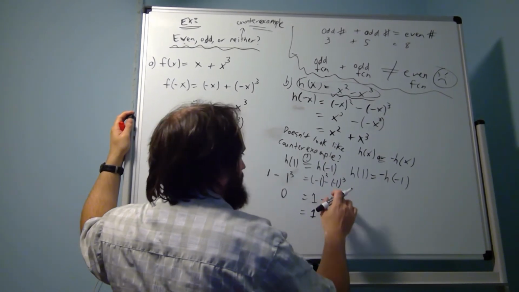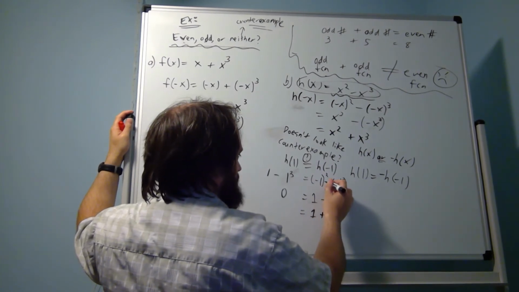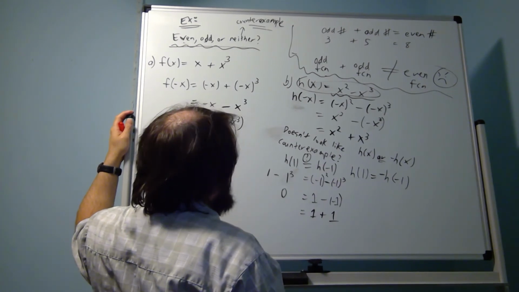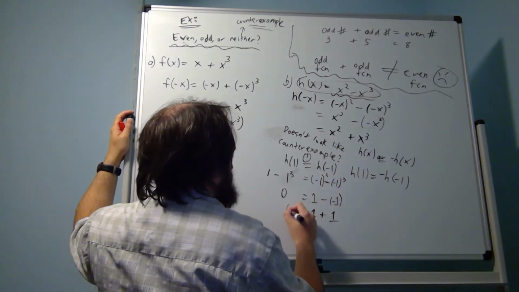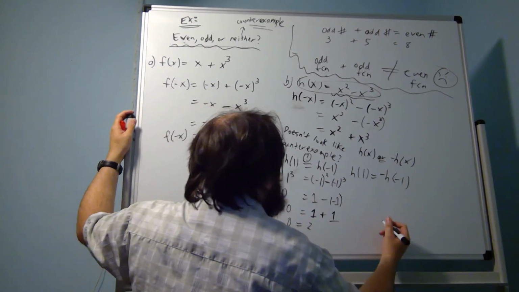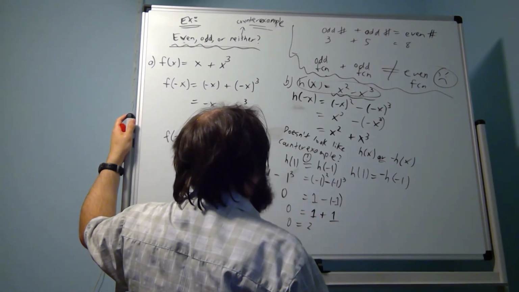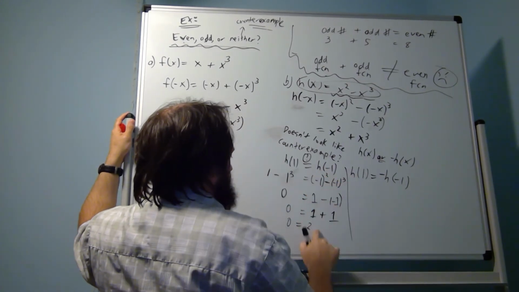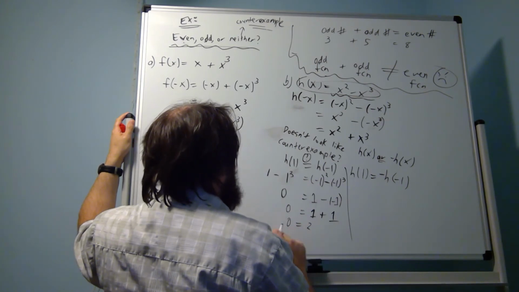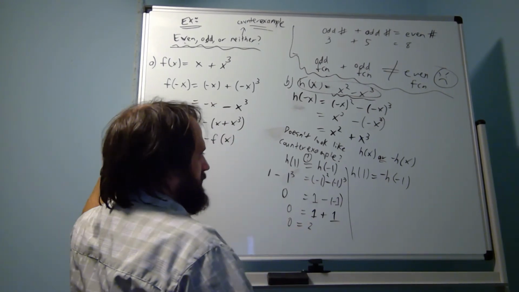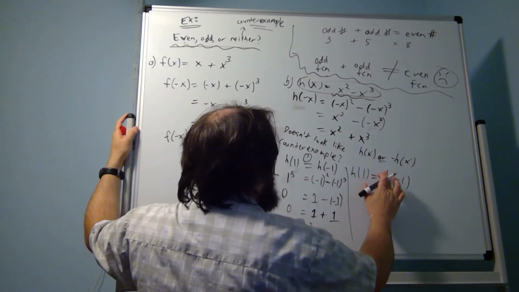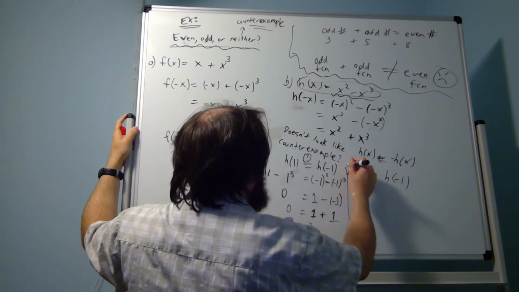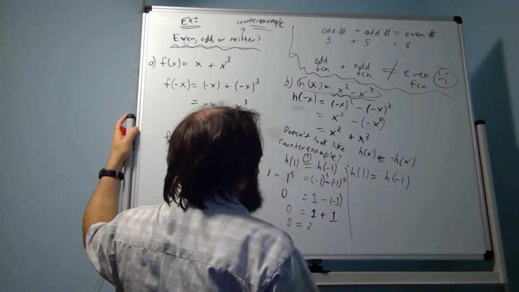Is there the negative from the formula and then a negative that's inside of the x cubed term? Well, okay, so here's h of minus 1. It's not equal to plus or minus h of 1.